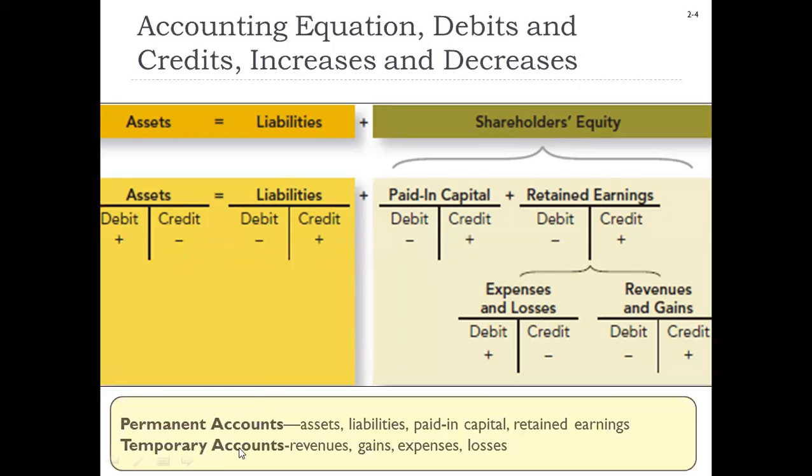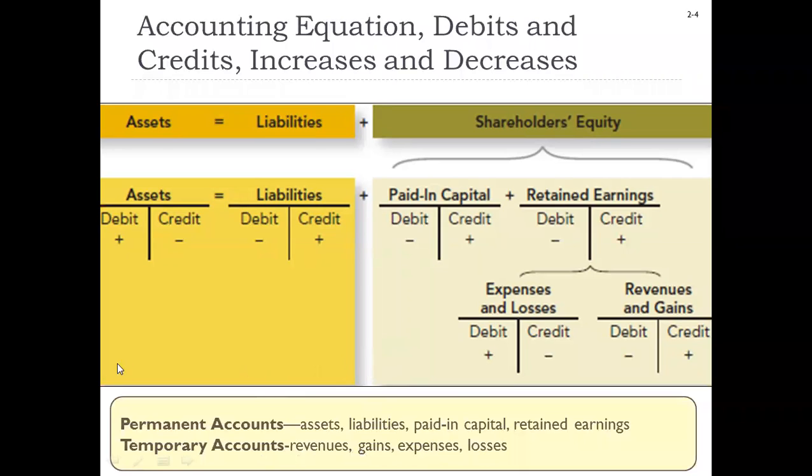Temporary accounts are those accounts that we keep track of for a certain period of time, usually a year, and then at the end of that period of time, we wipe them out and start from zero again. So temporary accounts are the revenues and gains, expenses and losses.